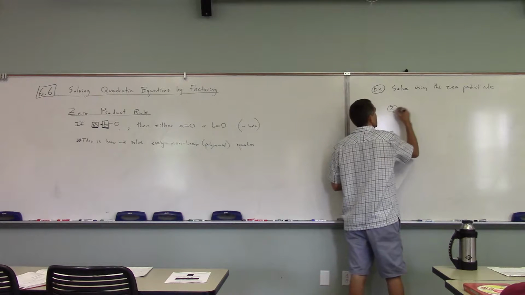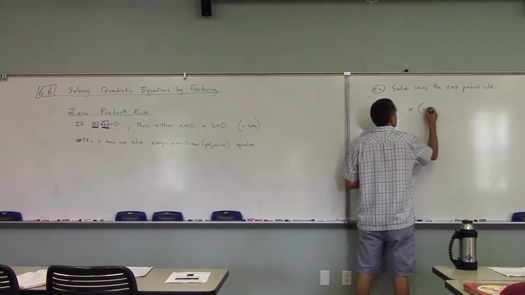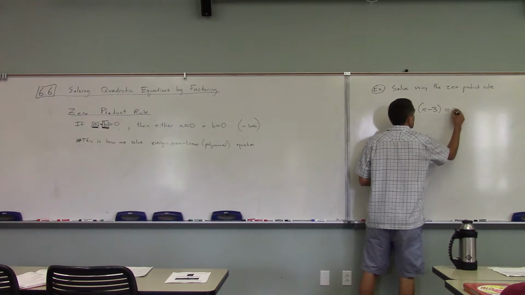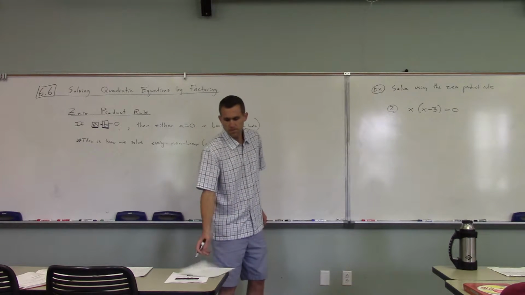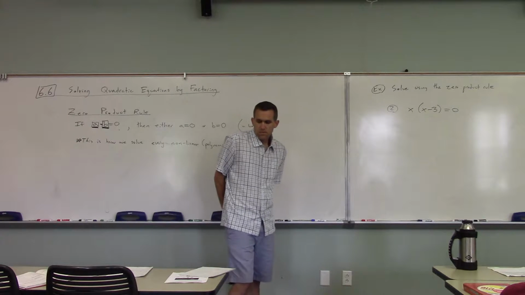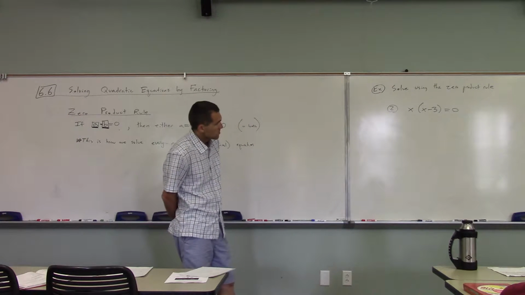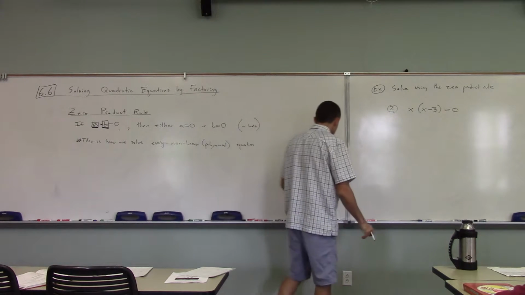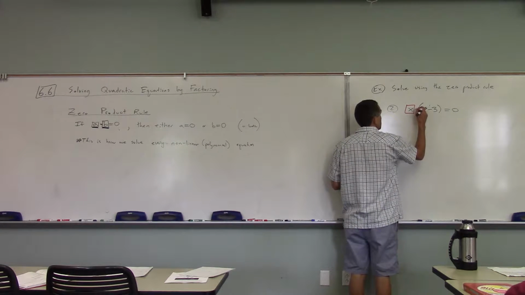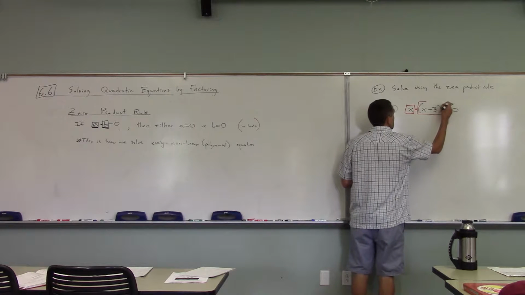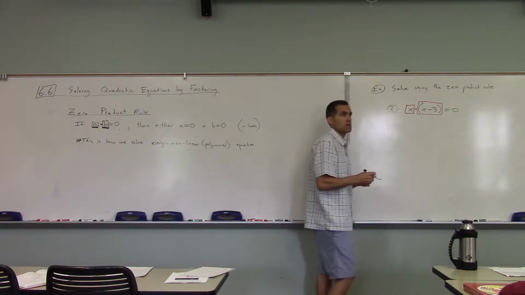Number 2 is x times x minus 3 equals 0. So here's how I see it. I see it as something times something else equals 0.